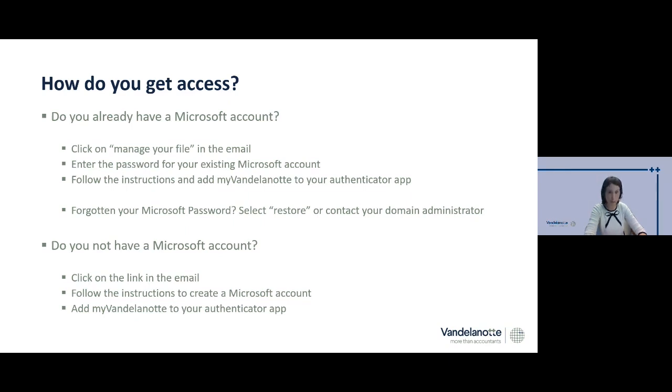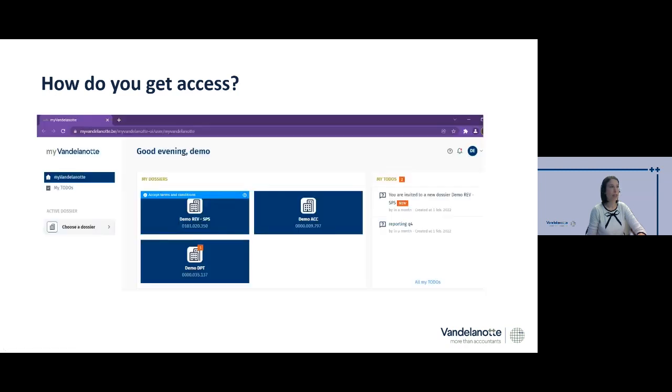If you do not have a Microsoft account, then you also click on the link in the email and you follow the instructions to create firstly a Microsoft account and then also follow the onboarding process that will automatically be generated. If you follow this onboarding process, you will get access to the platform.